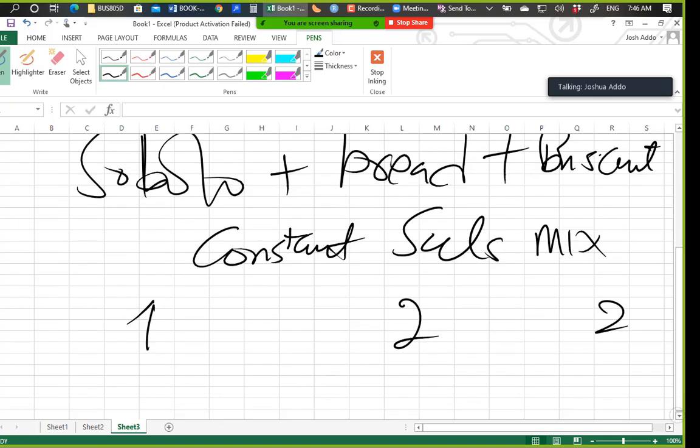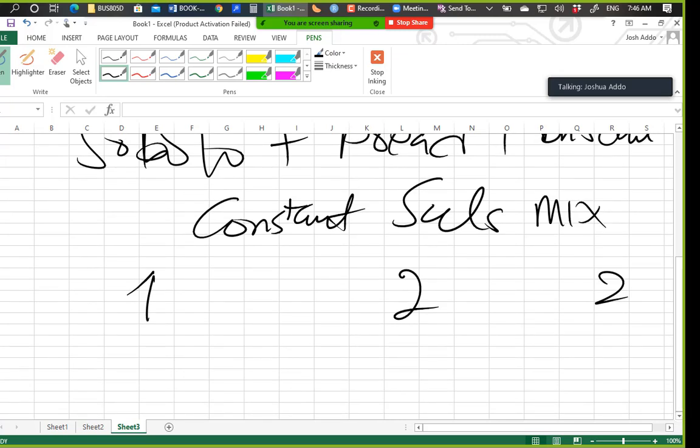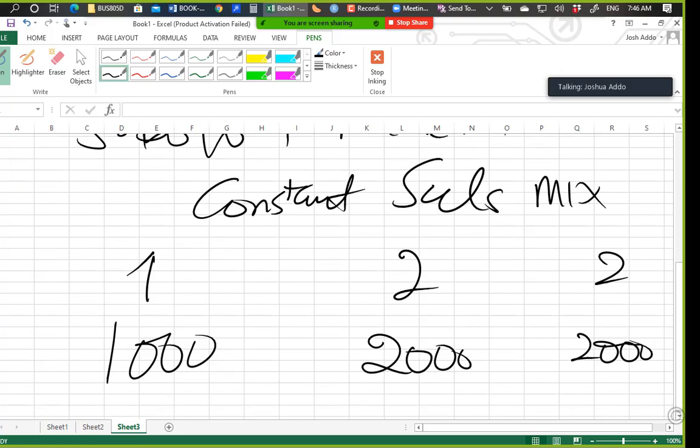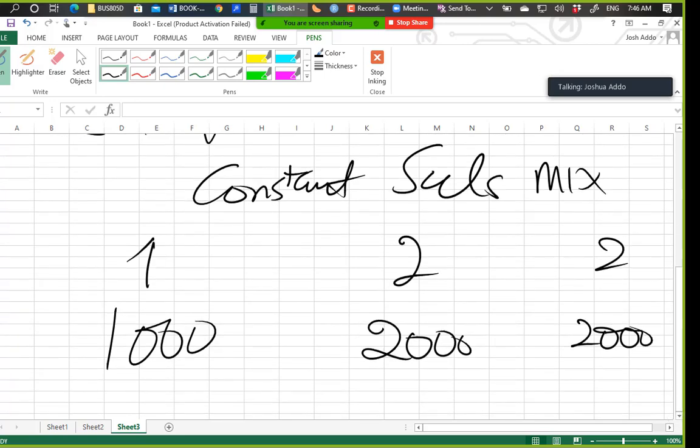Sometimes they can also give you the statistics in total sales. Let's say the organization at the end of the period sold 1,000 Sobolos, 2,000 units of bread and 2,000 units of biscuits. It can give you the total quantities, and you should know that these total quantities reduce back to 1, 2, 2.